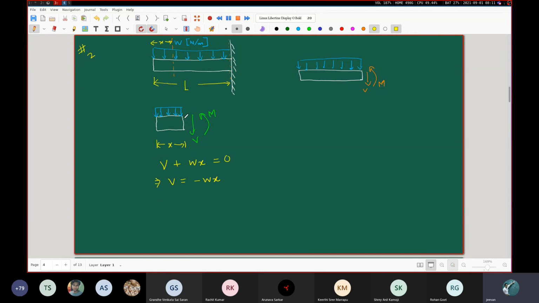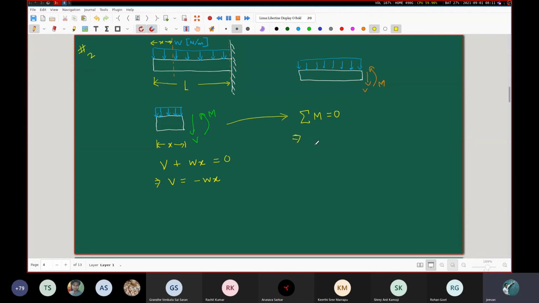So on this side, you take an axis which is passing through this right hand side, and we take the moment about that. So if we do that, sigma M is equal to 0. I'm of course referring to this diagram.